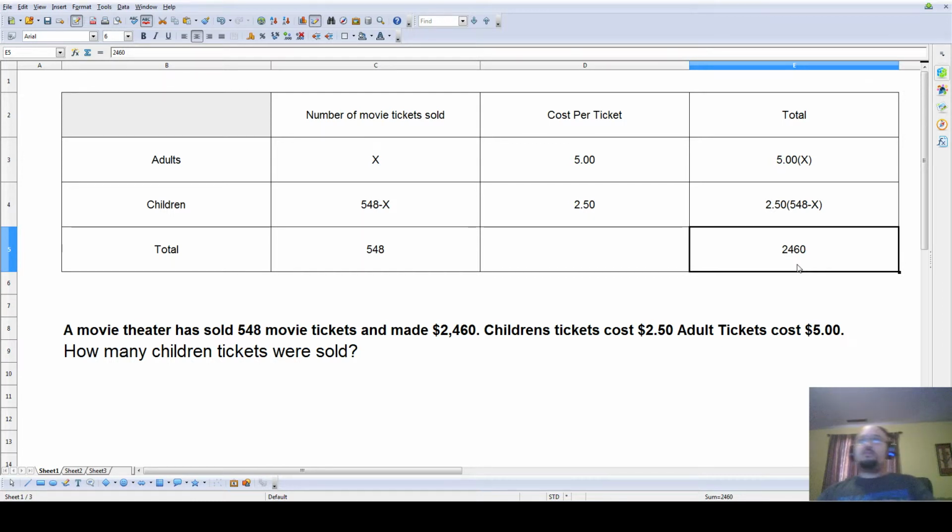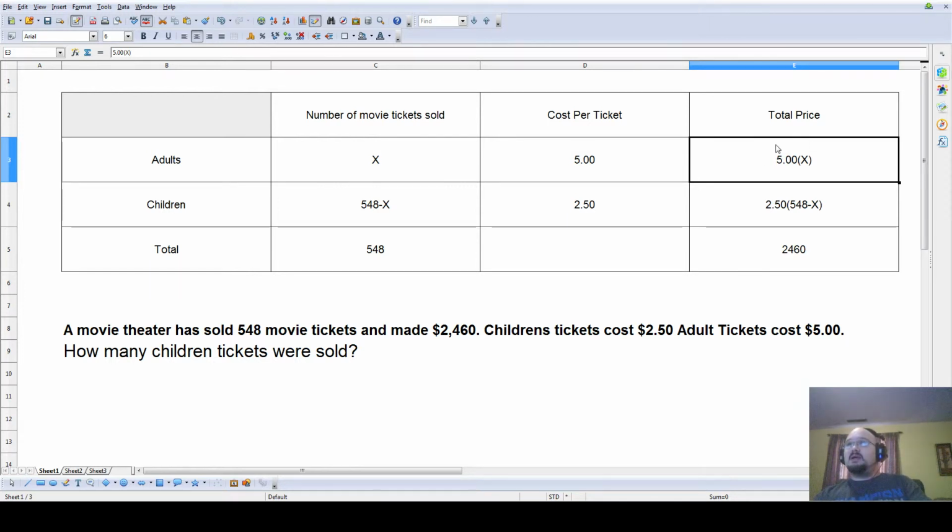So what do we have here? We are trying to add up this total, right? This $2,460, and the way we get that is we take the price that was paid by the adults and the price that was paid by the children. Heck, we can even write this as total price, or cost, or whatever makes it easier for you to think of.